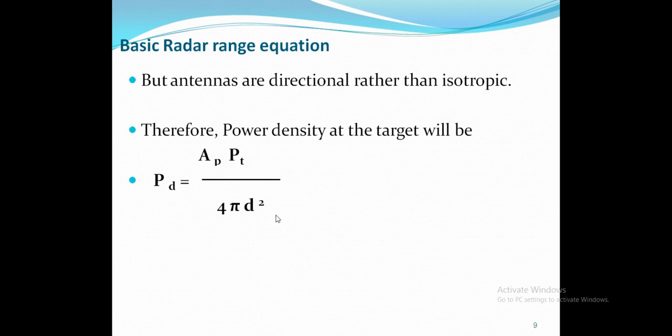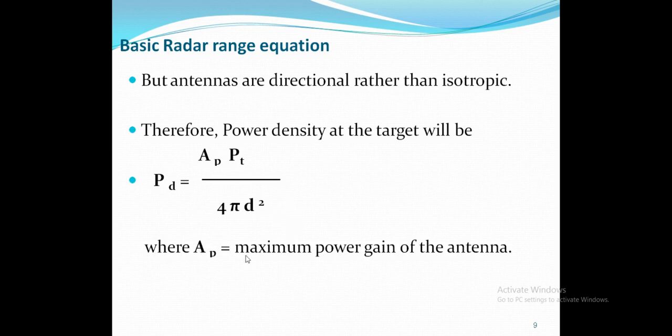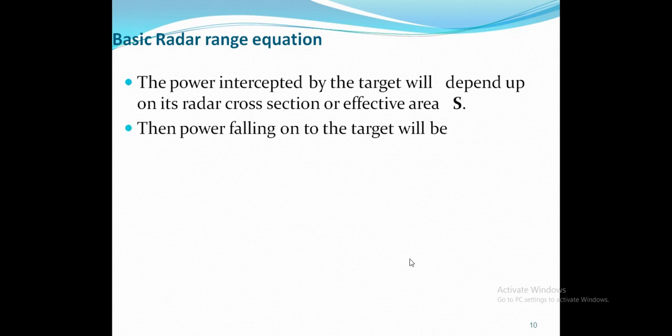Here G is the maximum power gain of the antenna. Next, the power intercepted by the target will depend upon its radar cross section or effective area S. Then the power falling onto the target will be PD equals S into G PT by 4 pi d square.